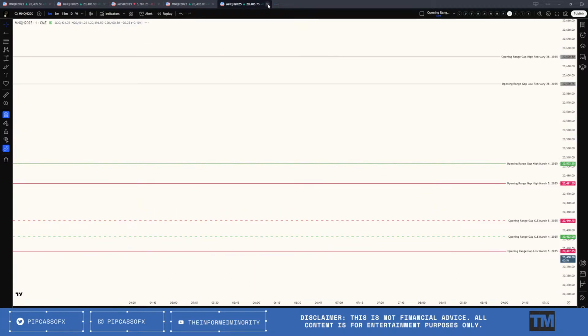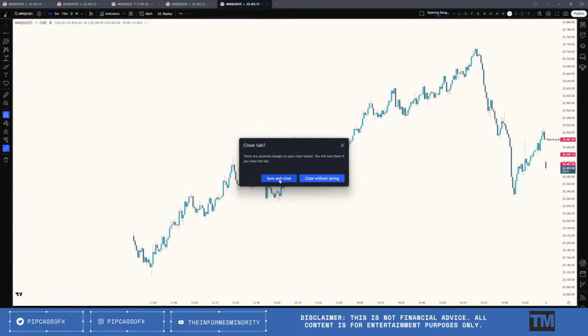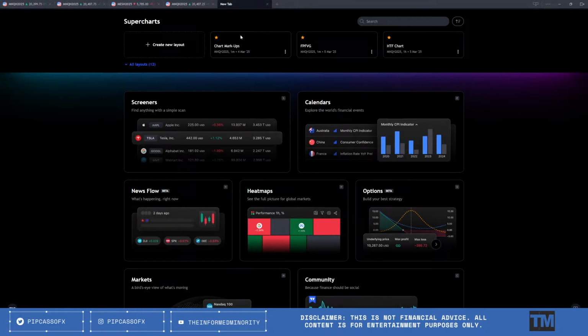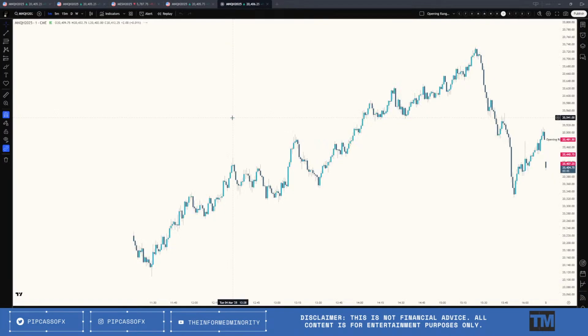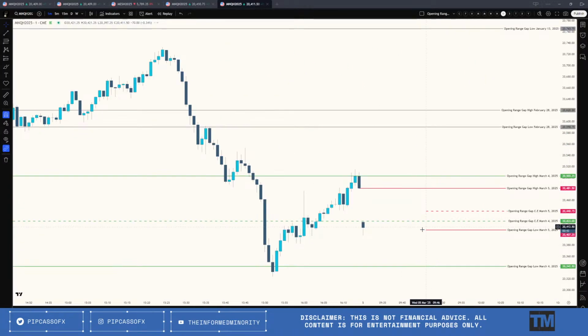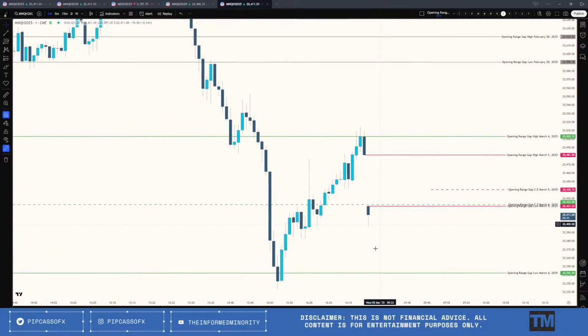This thing did this yesterday too. I don't know why it does that. So we're good with here. We have enough range. It's perfect. Again, I'm not in a rush to take a trade, so we have time. 51.25.